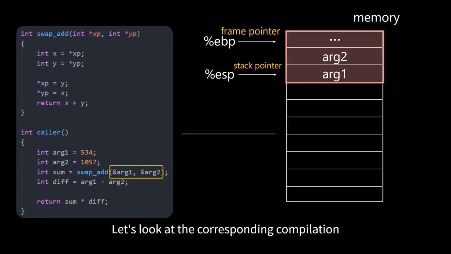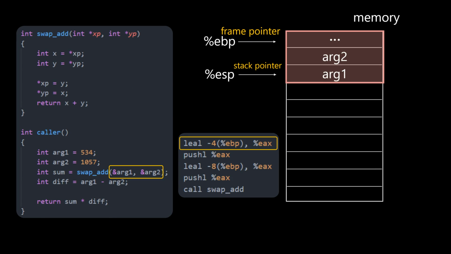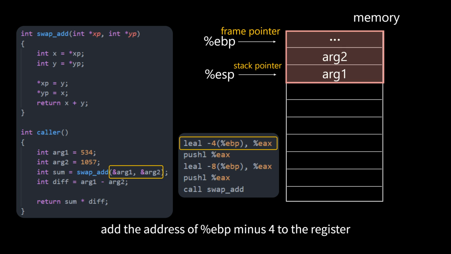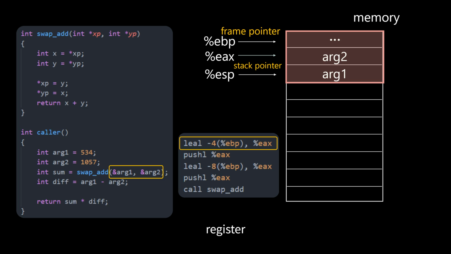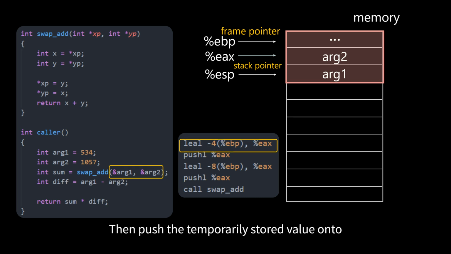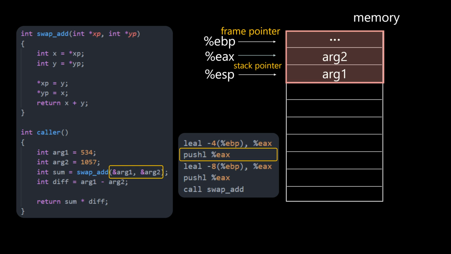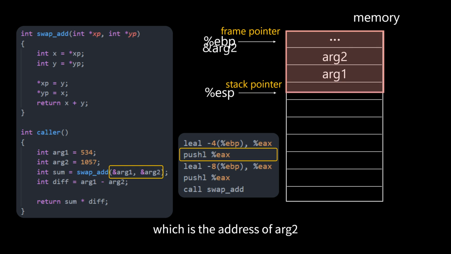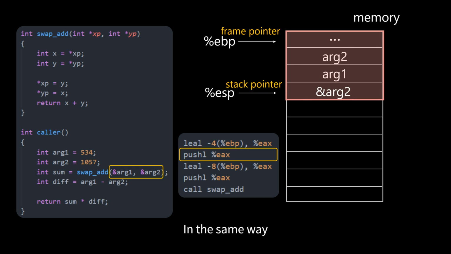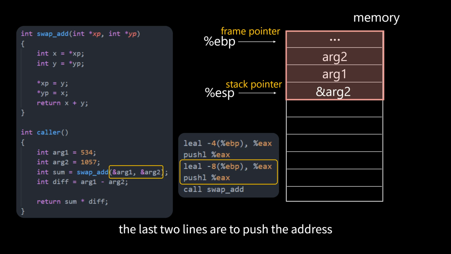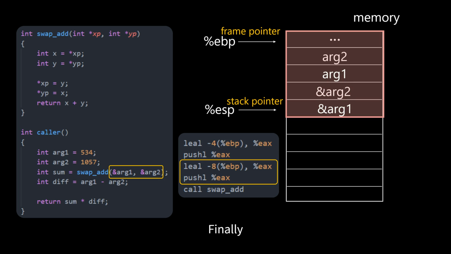Let's look at the corresponding assembly. First, add the address of EBP-4 to the register EAX and store it temporarily. Then push the temporarily stored value onto the stack, which is the address of arg2. In the same way, the last two lines push the address of arg1 onto the stack.